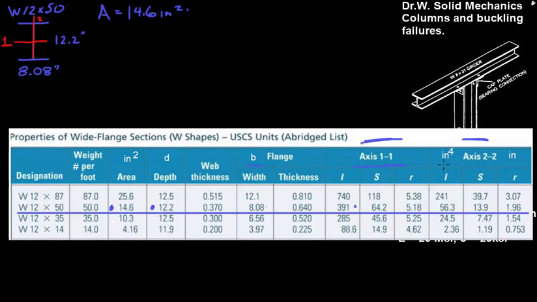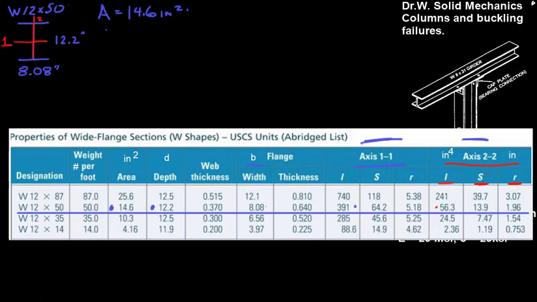So we need to use the smaller numbers. If it were to buckle, it's going to buckle in the weakest direction. So this is the area moment of inertia. That's the section modulus, and that's the radius of gyration that we need. So we'll list all of these out. We won't need S in this case.